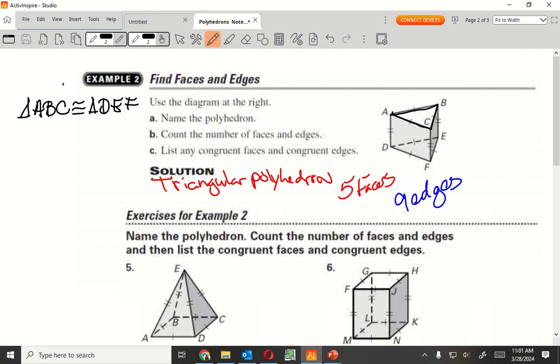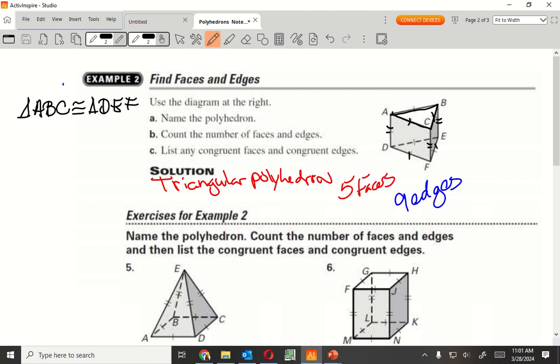Okay, what about my sides? It looks like the sides are going to be all congruent to each other, right? Because there's a tick mark there, a tick mark there, a double tick mark there, double tick mark there. So it looks like every single one of the sides has the same thing here. So every single one of those sides are going to be congruent.